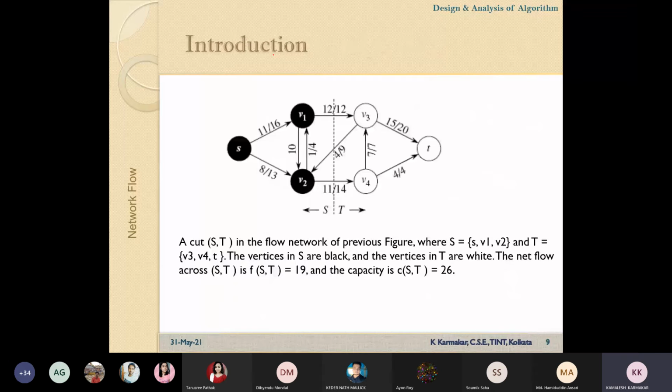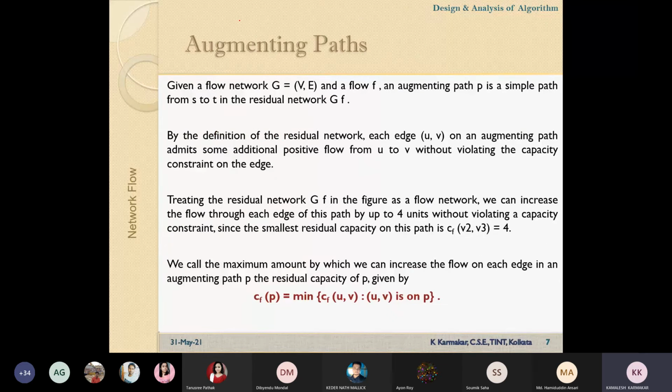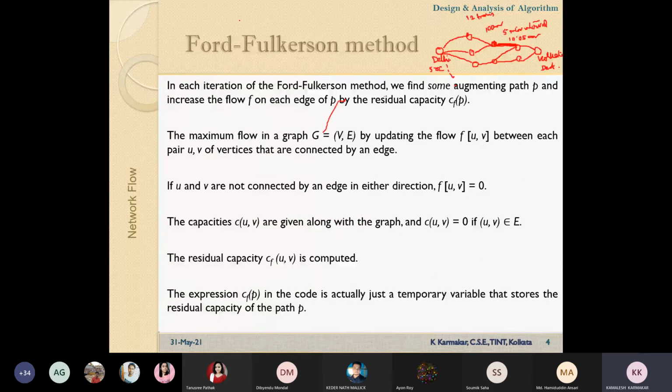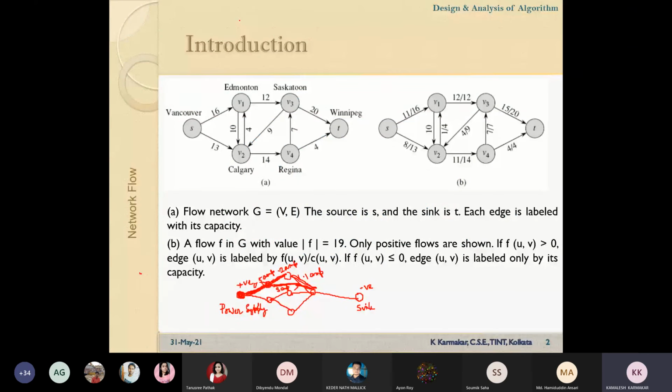So let us come to this problem statement and scenario. We have discussed a few things. Let us formalize it. We are coming back to the beginning, and let us formalize the problem.